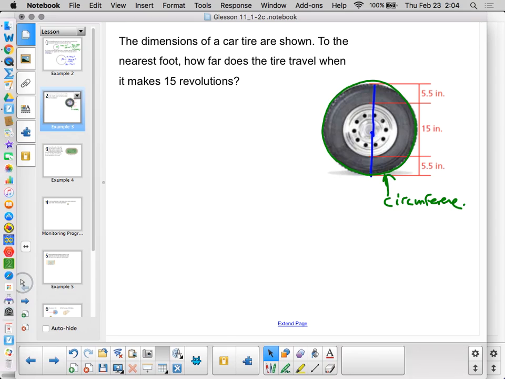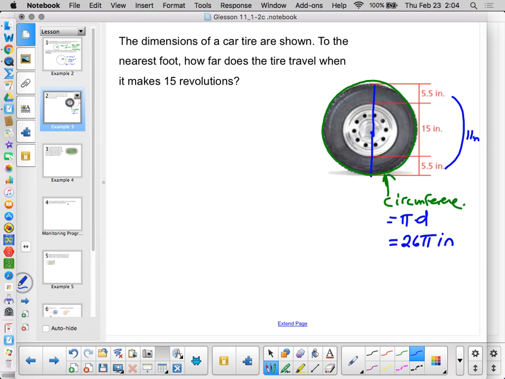of the circle. Well, circumference is easier. Circumference equals pi times diameter. And diameter here, we just have to add up our distances. So if I have 5.5 inches and 5.5 inches, that's 11 inches, plus the 15 inches there, my diameter is 26 inches. So my circumference is 26 pi inches.